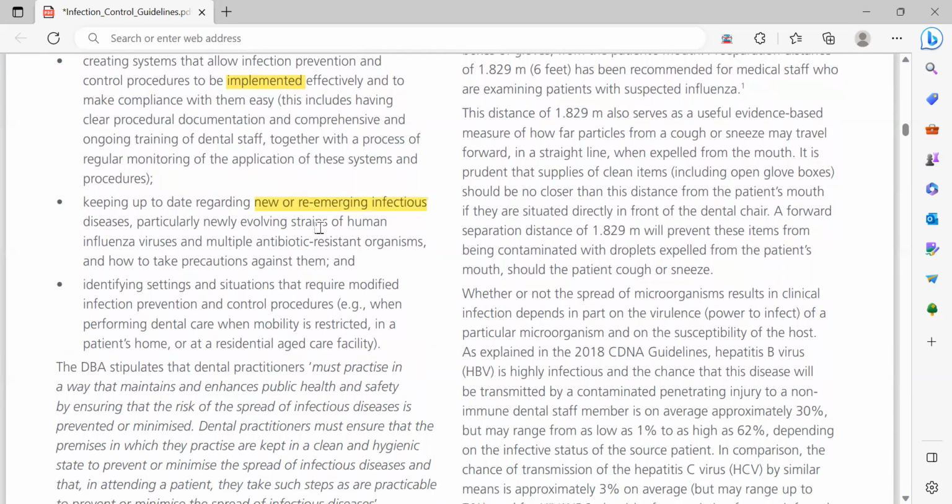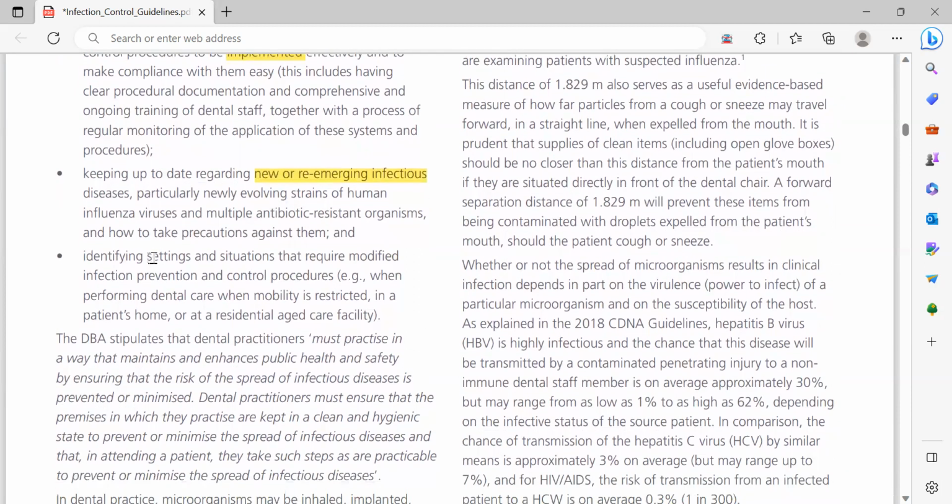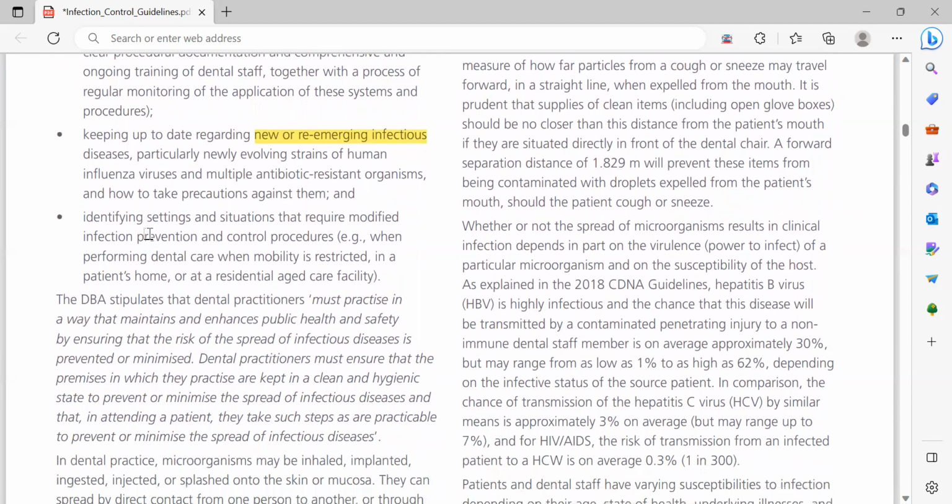So you need to be very up to date on what precautions you need to take and how. Okay, identifying settings and situations that require modified infection prevention and control.